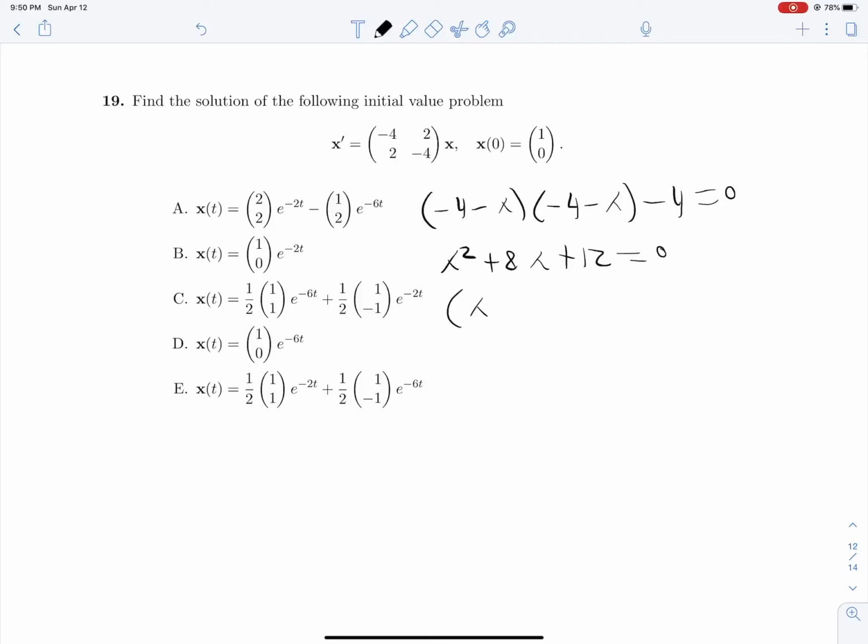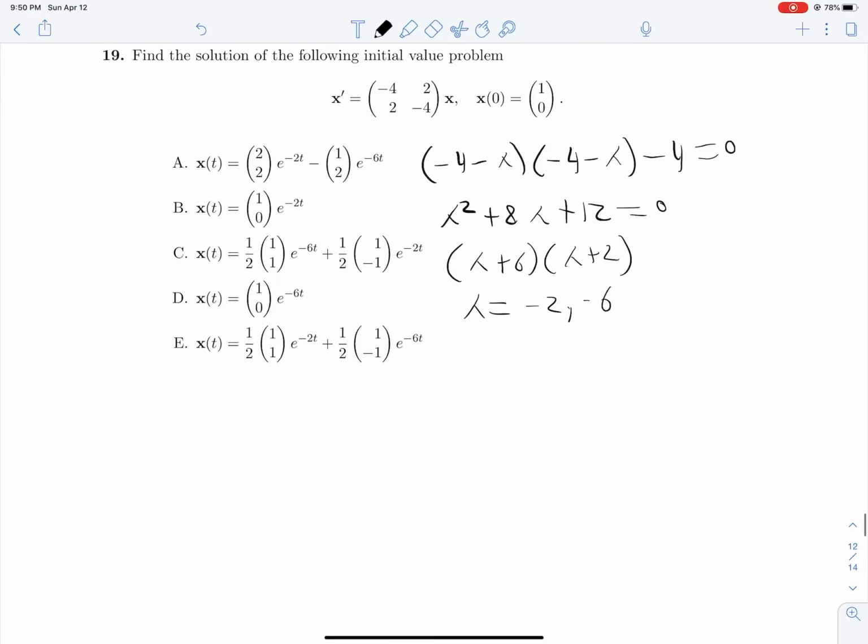This is (lambda + 6)(lambda + 2), so lambda is equal to -2 and -6. -2 and -6.